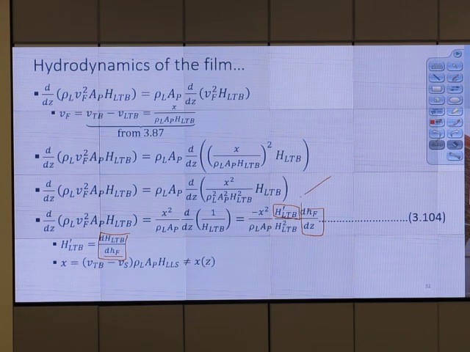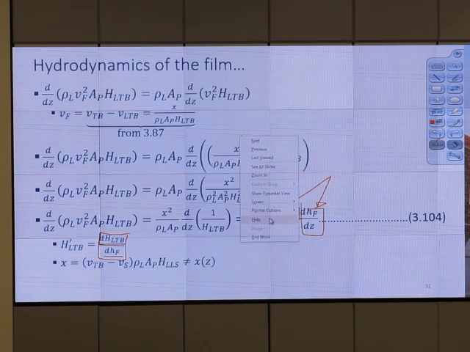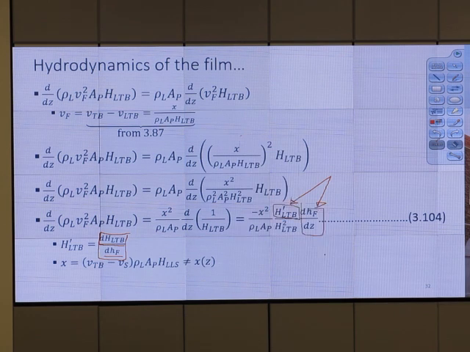So I have the chain rule to split holdup and height. Take the derivative of holdup with respect to z: it is holdup with respect to height and height with respect to z. H prime is holdup with respect to height, and height with respect to z. Multiply them together and it is the same as holdup with respect to z, right? Oh yeah, hold up.